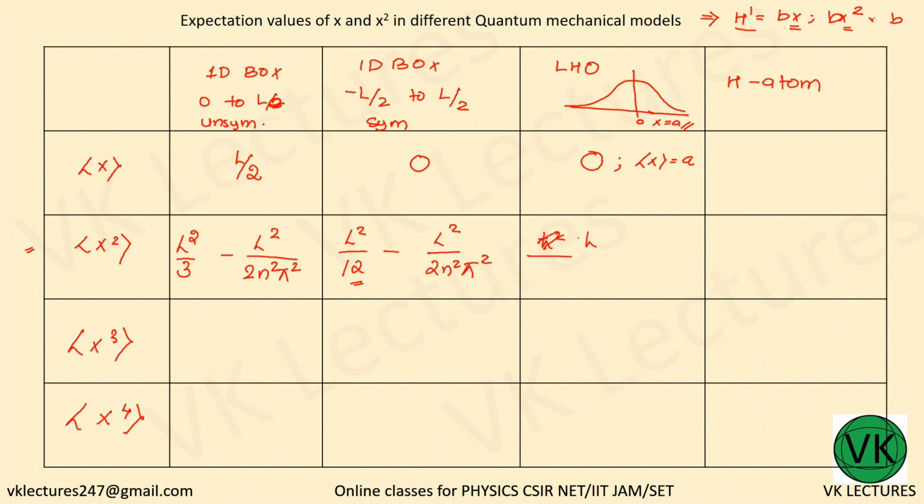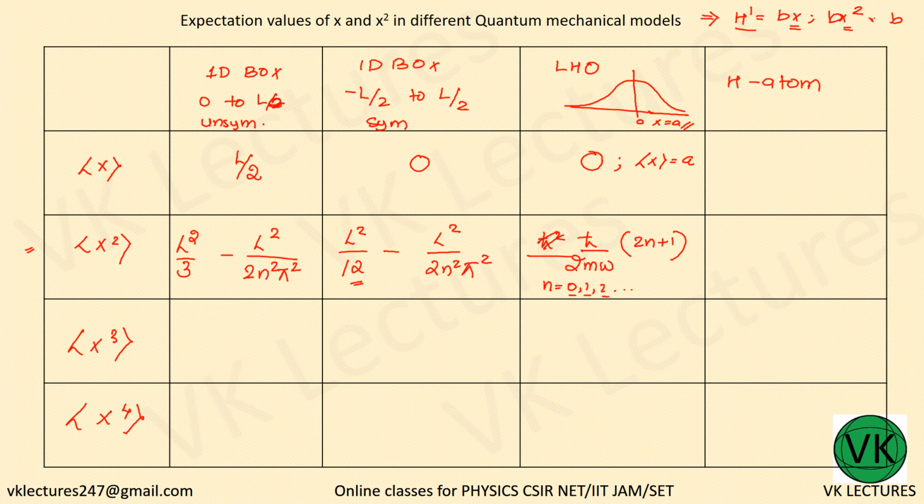h cross divided by 2m omega into 2n plus 1, where n is equal to 0, 1, 2. It is the state: first state, second state, third state, etc. First state is nothing but ground state. This is the first excited state, second excited state.